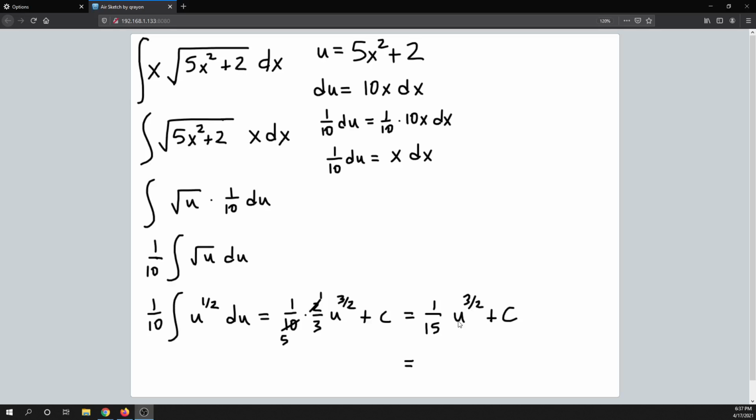I want to make sure that I express the indefinite integral in terms of the original variable x. That's easy enough to do because I know that u is equal to 5x squared plus 2. So the final answer on this problem is 1/15 times 5x squared plus 2 to the 3/2 power plus some constant c.